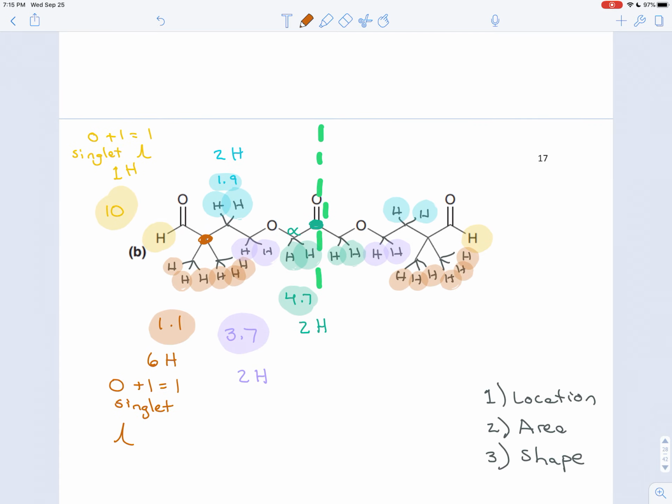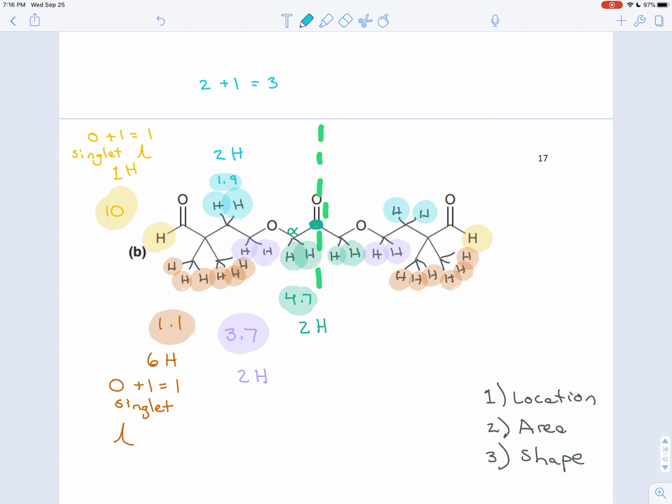The blue hydrogens. On one side, to the left, the carbon that's adjacent to where those are attached has 0 hydrogens. On the other side, the carbon adjacent has 2 hydrogens. So that's 2 adjacent hydrogens, plus 1, because it's the n+1 rule.